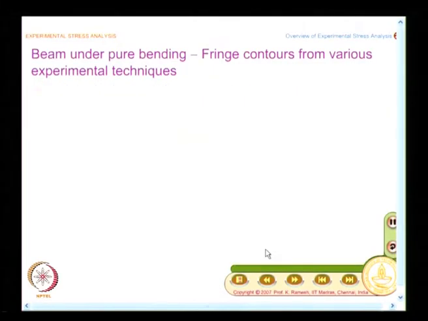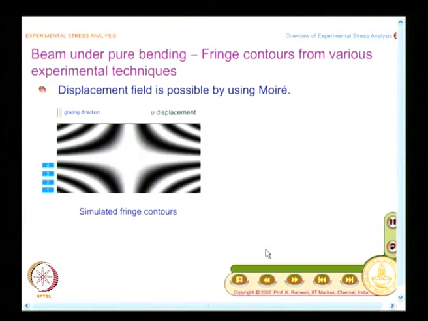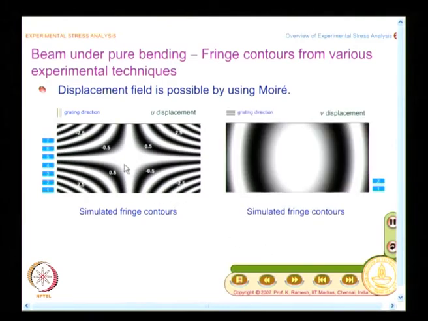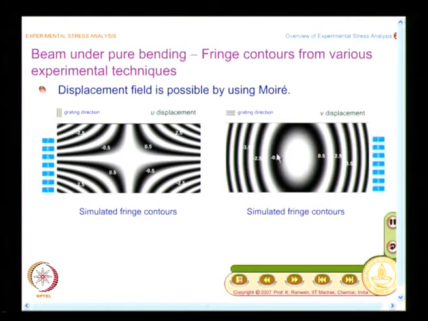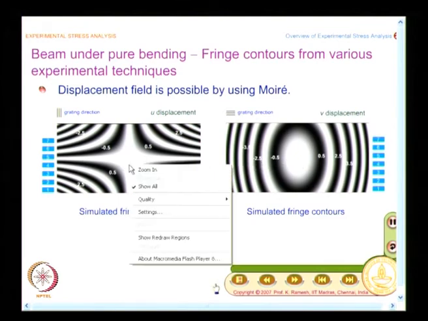Now, we have seen the fringe pattern from photoelasticity, which essentially gives contours of sigma 1 minus sigma 2. Now, our interest is to see other contours. I can look at geometric moire and find out how the displacement field is, and this is the u displacement, and this is the v displacement, and we will see this a little closely.